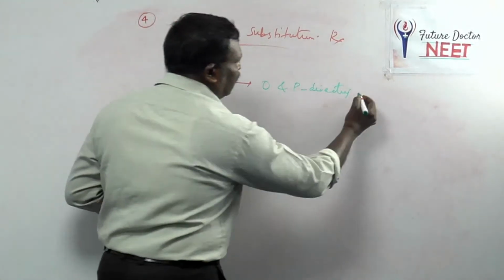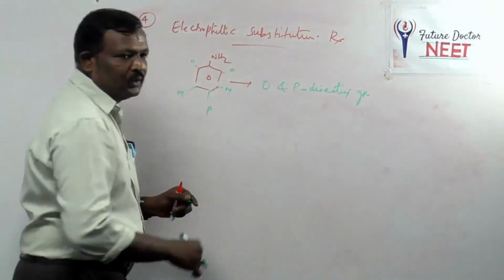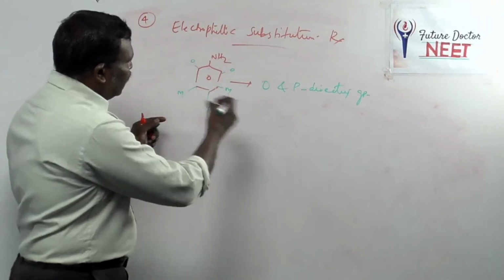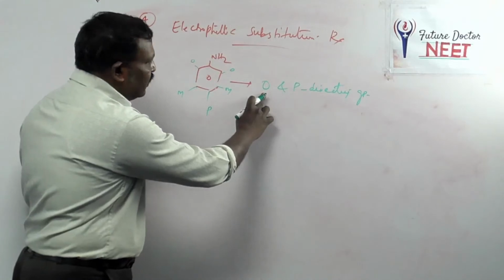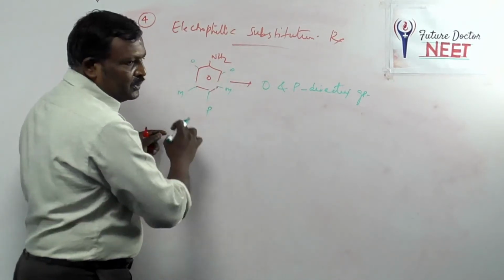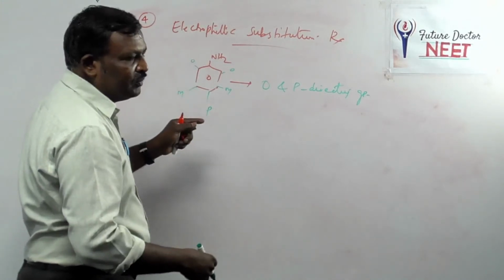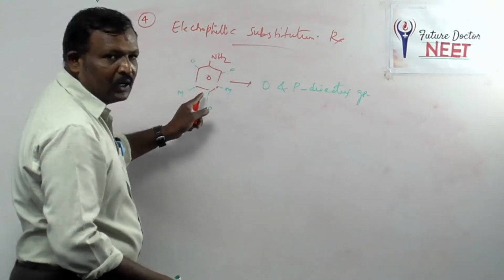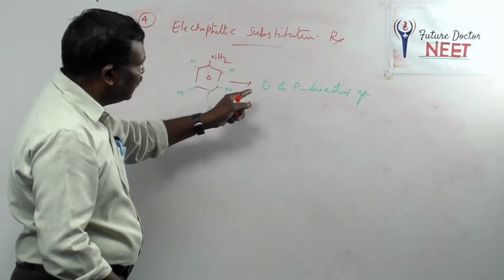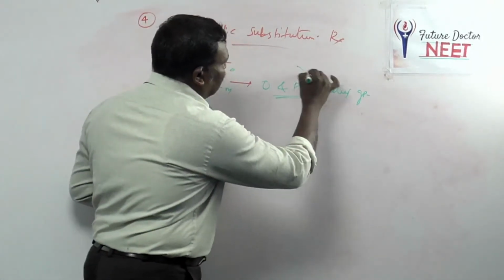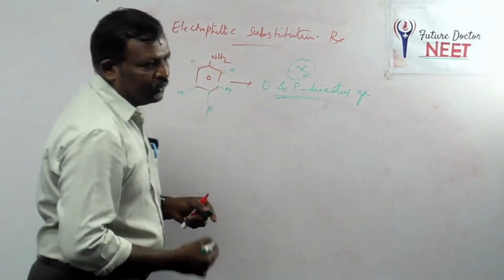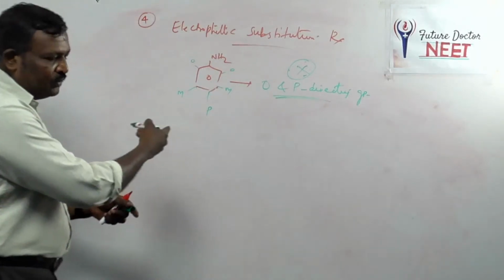If you add anything to aniline, that group goes only to the ortho and para positions. If you do chlorination or nitration, the nitro group goes only to the ortho as well as the para position. That's why it's called an ortho and para directing group. This one just memorize, note down.